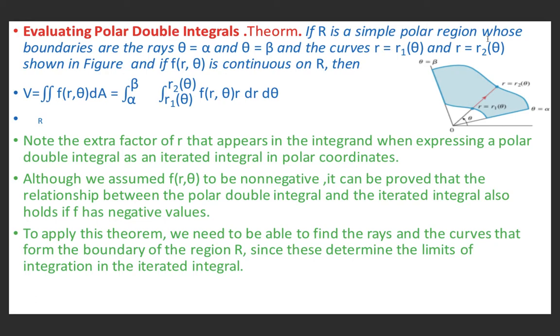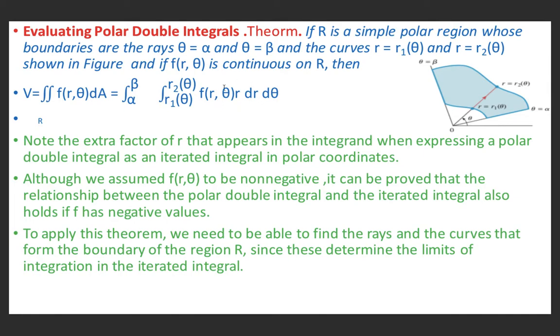If R is a simple polar region, which we discussed in previous slides, whose boundaries are the rays theta equal to alpha and theta equal to beta, and the curves r equal to r1(theta) and r equal to r2(theta), which is shown in blue, and if f is a function of r and theta which is continuous in this region, then the double integral of f(r, theta) over the region R is equal to the iterated integral of f(r, theta) multiplied by r.